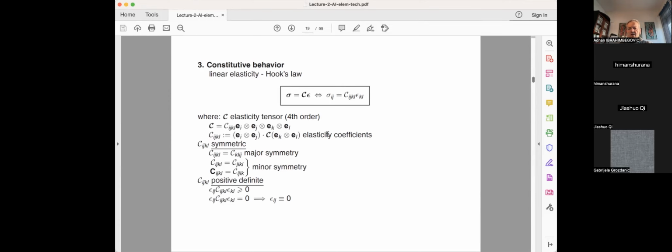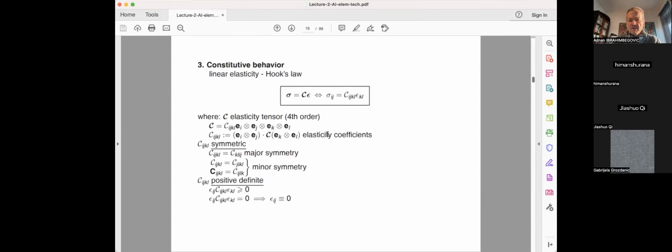So together you have 3 by 3 by 3 by 3, that means 81 components. That's quite a lot. So if I really want to take a very exotic composite material, it appears that I would need to use 81 coefficients to define the behavior of such a linear elastic material. Luckily, there's a way of reducing this effort.